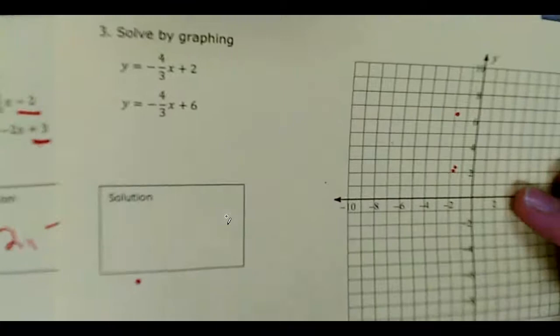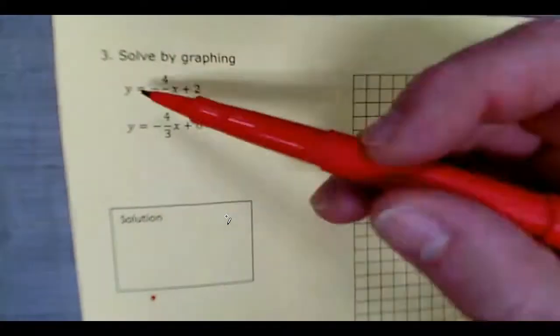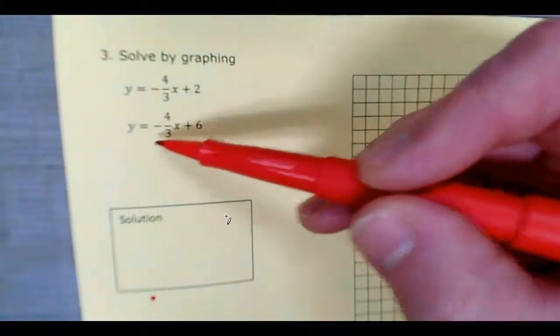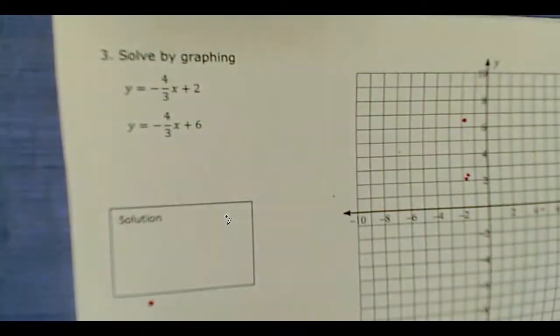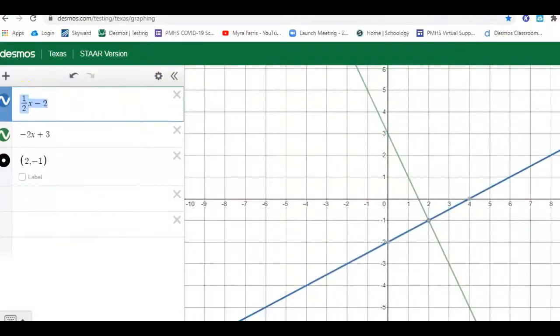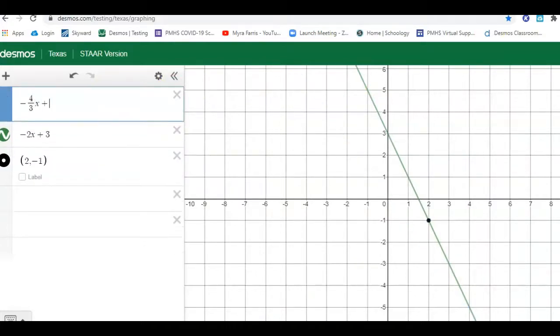Here is our next equation. Y equals negative 4 over 3x plus 2. Y equals negative 4 over 3x plus 6. So what happens when I graph that? Negative 4 divided by 3, right arrow x plus 2.